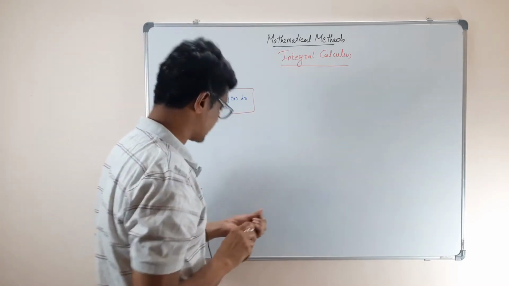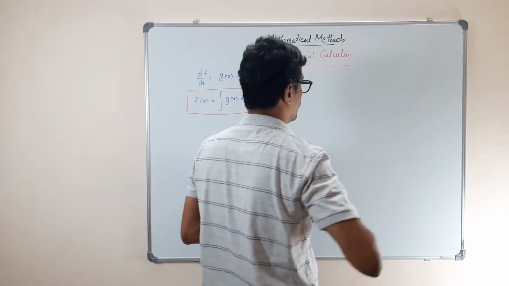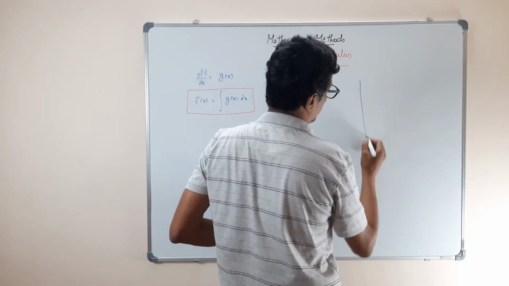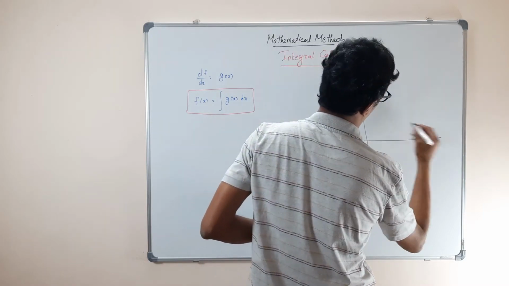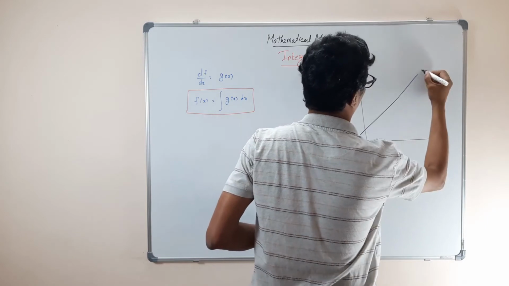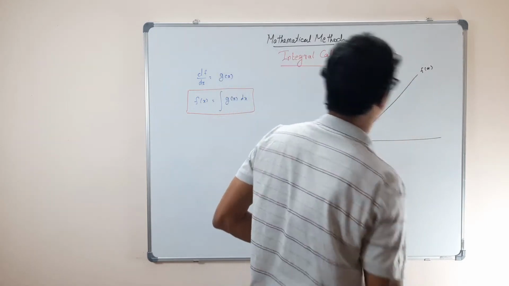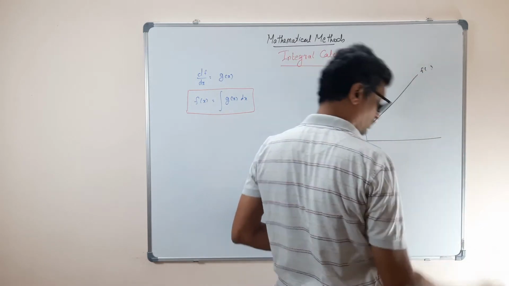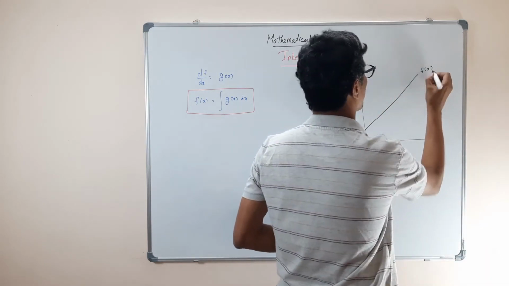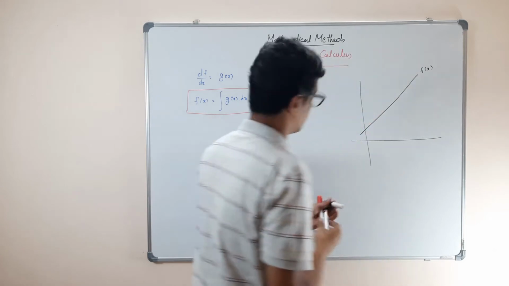Okay, so to understand the physical picture, let me give you a straight line. Let it be f of x. f of x is a straight line here. Okay, so it's not a curve. And I am giving 2 points here.